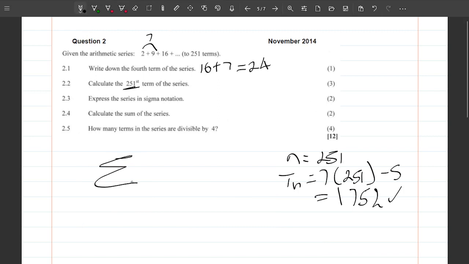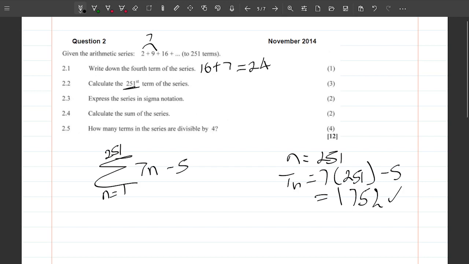Remember we put in our general formula here, and our general formula was just 7n minus 5. Then we're beginning from n is equal to 1, because this is beginning at the first term, and then this goes all the way up to 251 terms, because that's the last term provided there. Easy as that. That's now expressed in sigma notation.